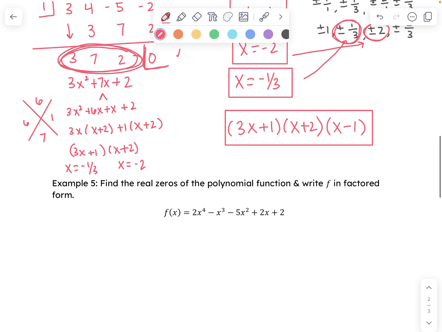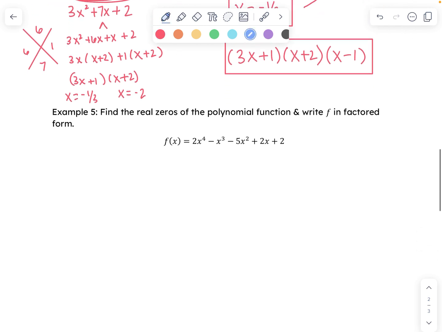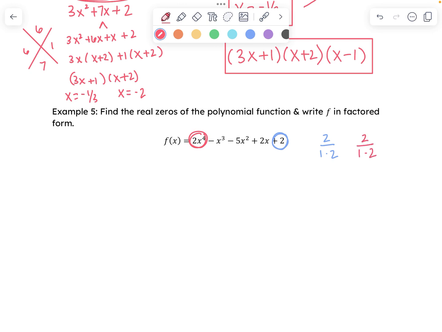Okay, and then last one, let's do the same thing. I'm going to start with my p's over here, my q's over here. Both of them are 2, so it's just 1 times 2 for both of them. If I start with the 1's being divided by the 1 and 2, I would get plus or minus 1 over 1, plus or minus 1 over 2.